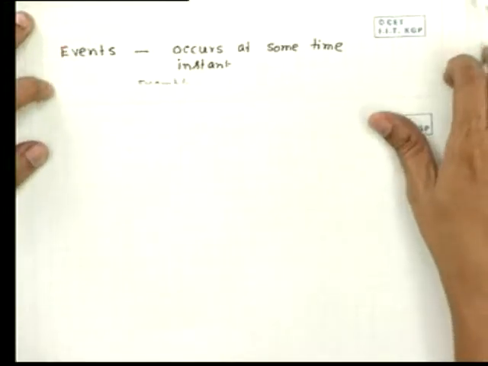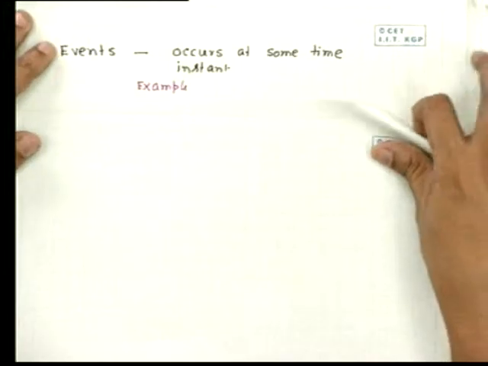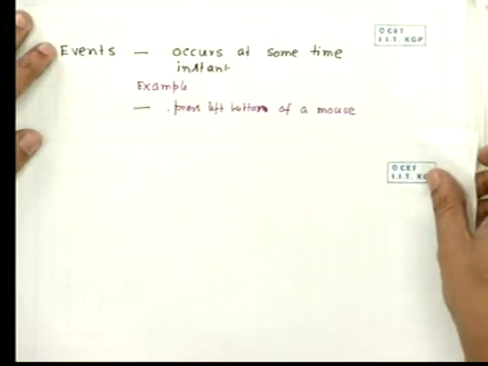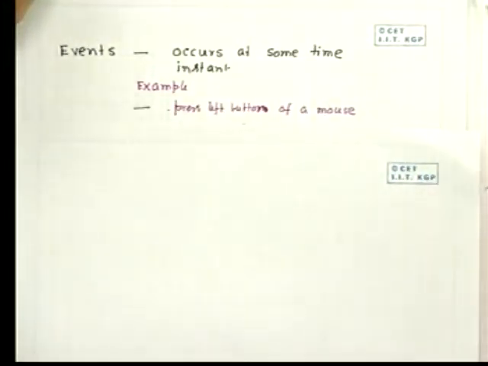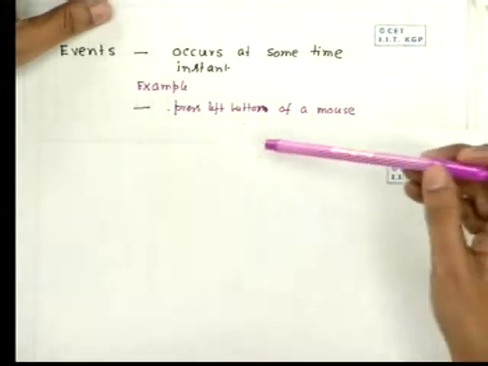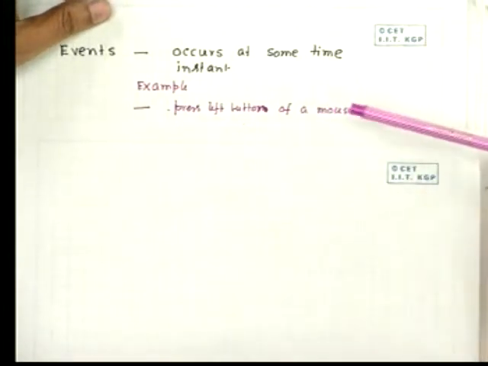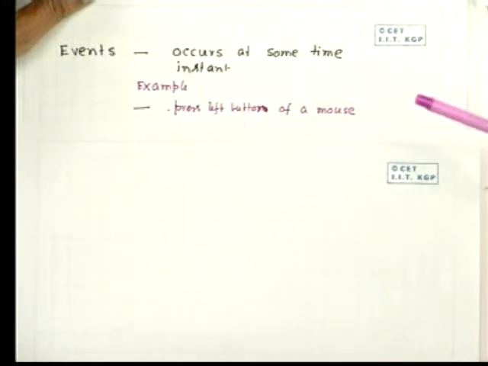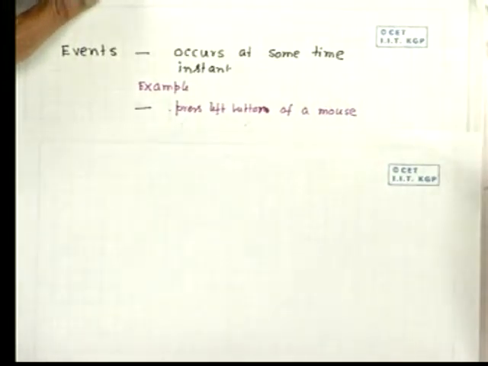So to define what an event is, we can say an event is something which occurs at some time instant. An example would be when we press the left button of a mouse in a computer. This pressing of a button by a user occurs at some instant, but not at a definite time instant which can be said a priori.